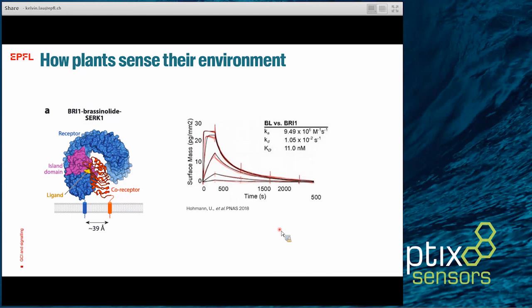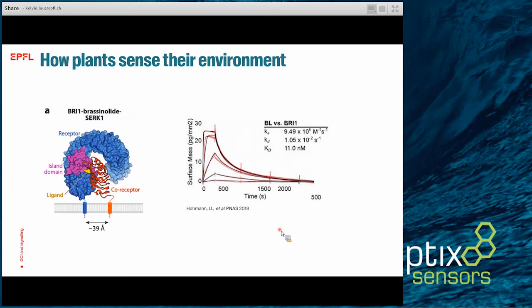because we were looking to see if we could finally quantitate the affinity of BRI1 and brassinolide, which was never shown before in a biophysical assay, other than through scintillation counting, through radioactive brassinolides, or through in vivo assays through just application of brassinolides to see the response in an in vivo context.